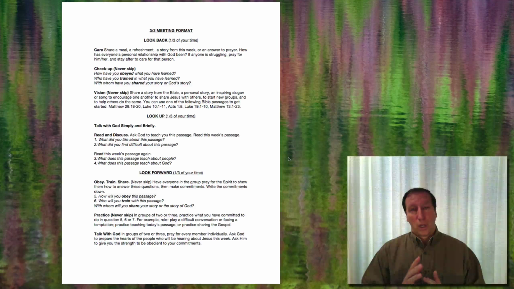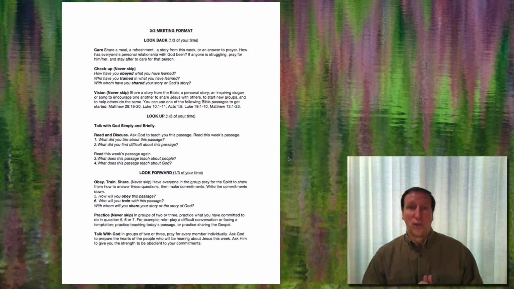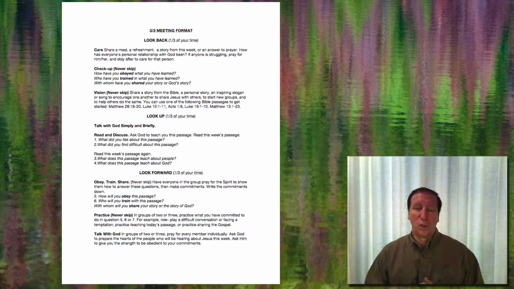So here is the structure of the 3/3 groups. In the first third, you'll note that the look back portion starts with care time. So you share a meal together or refreshments.